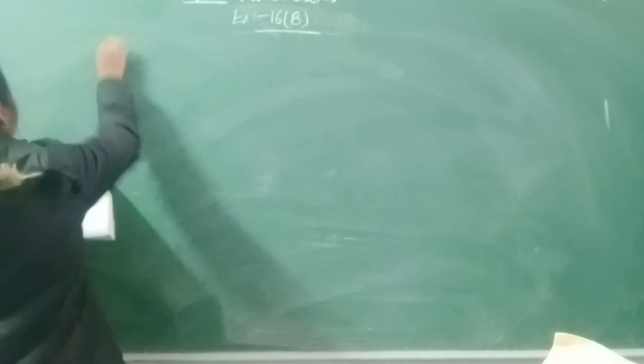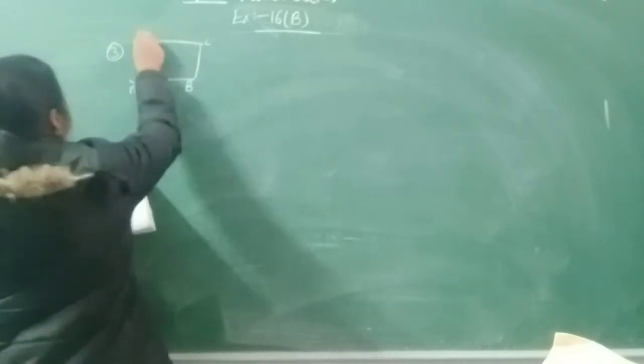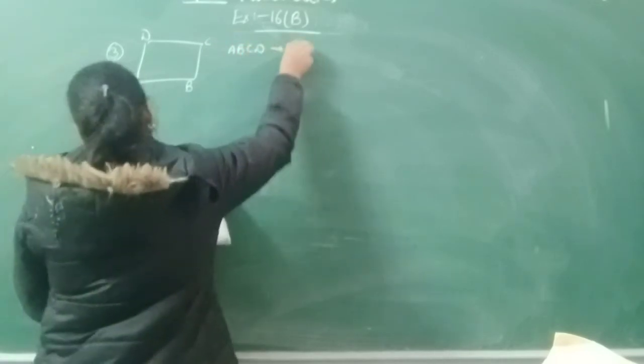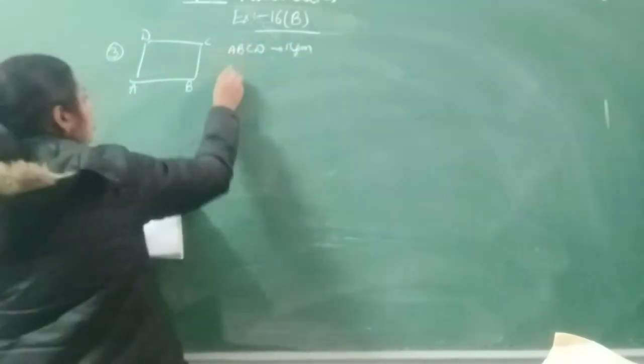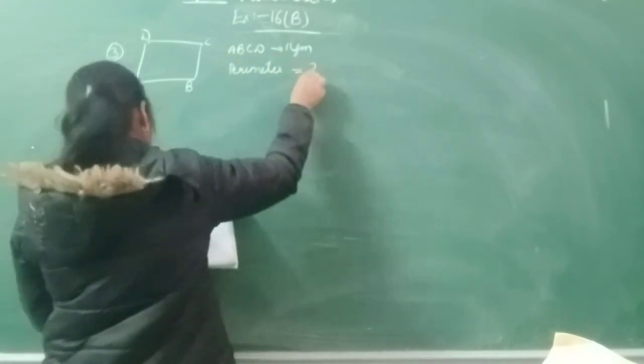Question number 3. What will be the perimeter of a parallelogram? If ABCD is a parallelogram, and they are talking about the perimeter. Perimeter means the sum of all sides.